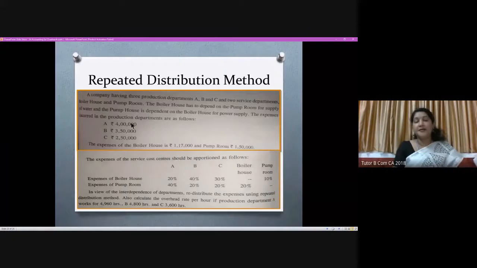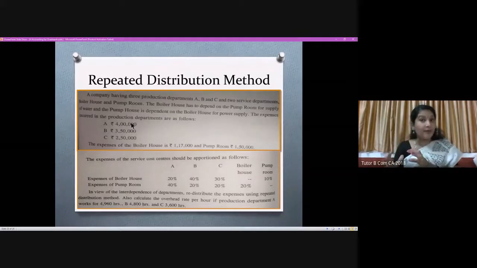Now, in the repeated distribution method, as I told, the first part remains the same. That is, allocation and apportionment remain the same. The only difference comes from how we are going to reapportion the service department expense to the expenses of the production department.